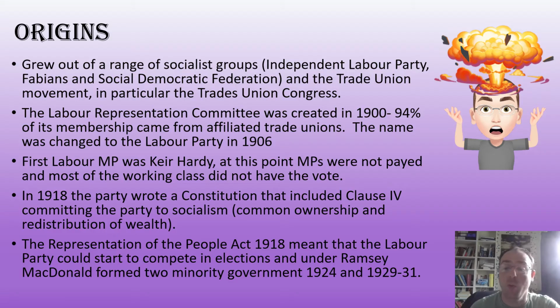Now, there are a couple of reasons why working class MPs were really rare. The first is that MPs at this stage were not paid, and the payment of MPs doesn't come in until 1912. And the vast majority of the working class at this point also did not have the vote.